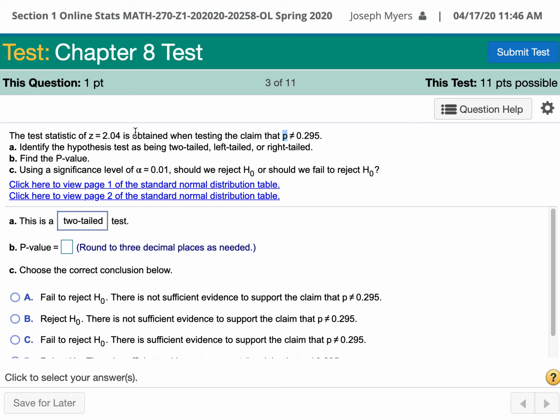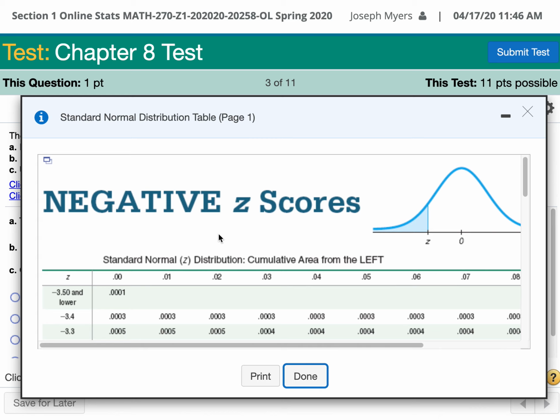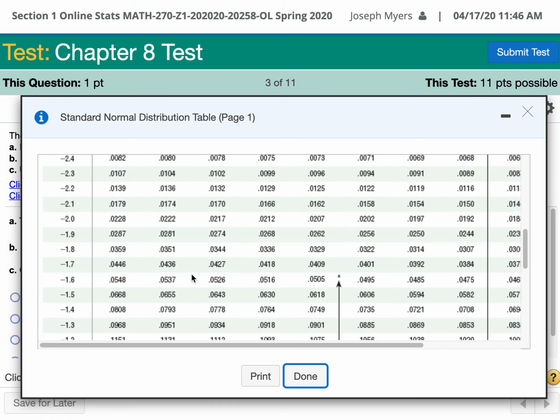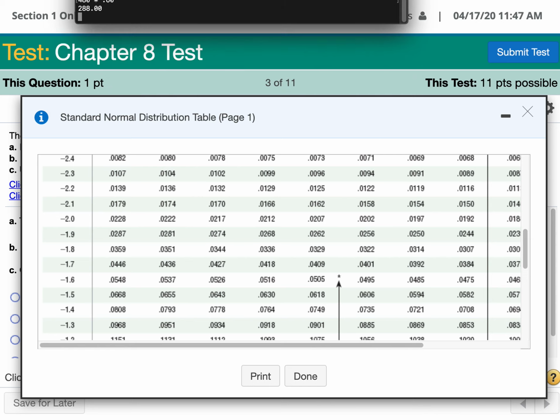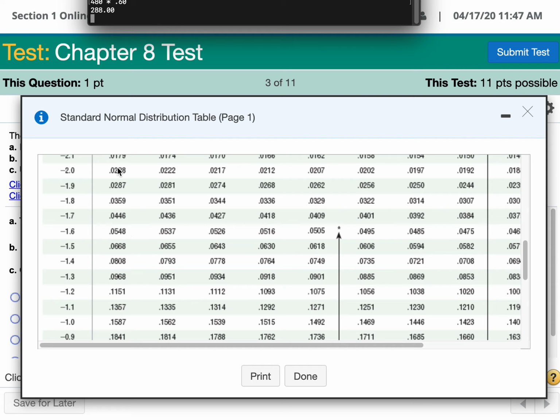When it's a two-tailed test, that means there's both a negative z-value and a positive z-value. The negative z-value I'm going to look up first. I'm going to look up negative 2.04 in the table. Here's negative 2.0, negative 2.01, negative 2.02, negative 2.03, negative 2.04, it's 0.0207.